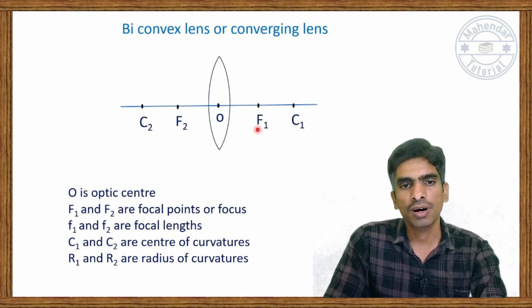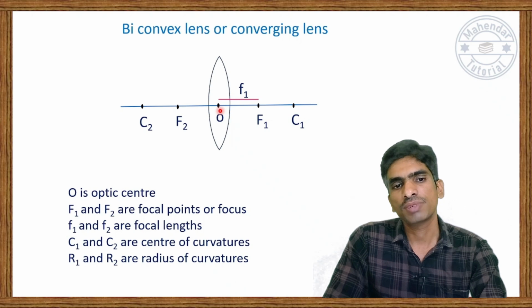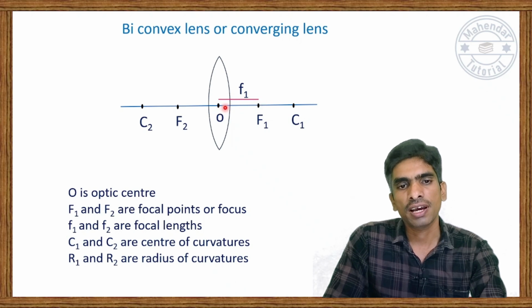F1, F2 are focal points, or focus, of this lens. O is optic center, F1, F2 are focal points. The distance between optic center and focal point F1 is known as focal length.